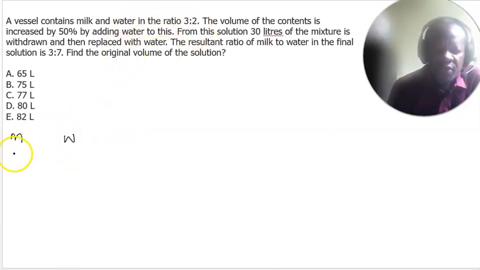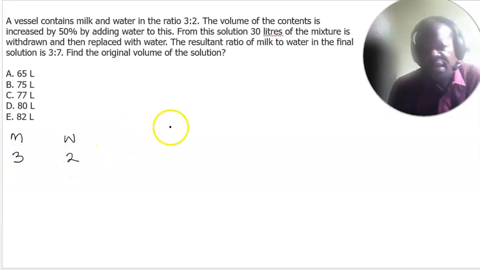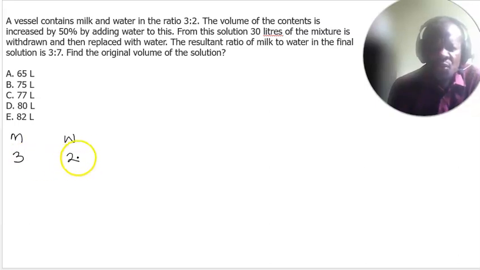So milk is 3, water is 2. So that is the ratio. So in order to create a term for the actual volume of milk and water, we multiply each ratio by the constant of proportionality x.